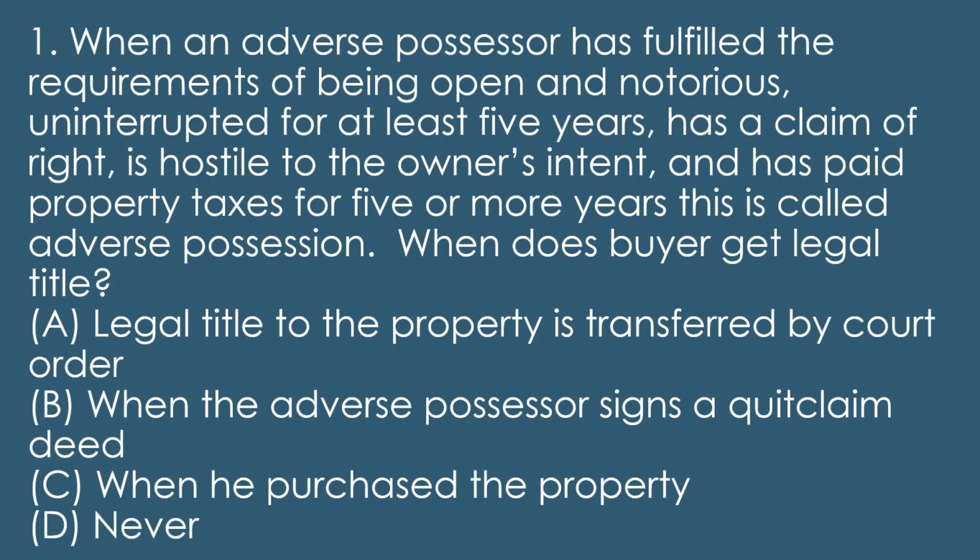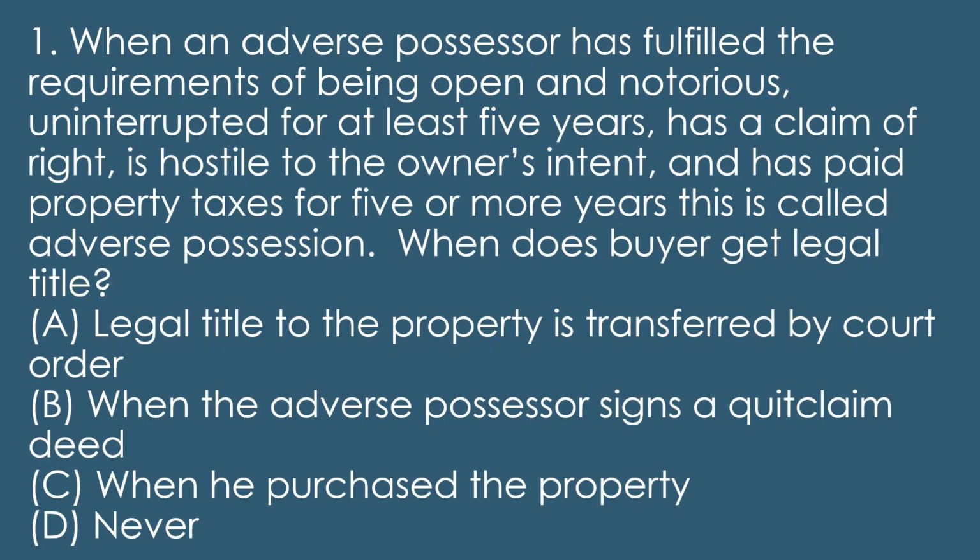Okay, let's talk about adverse possession. Let's say you have a parcel of land and your neighbor has a parcel of land right adjacent next to you. And let's say that you have been using a few feet of your neighbor's land for quite a while. And it's open and notorious. Everyone knows you've been doing it.